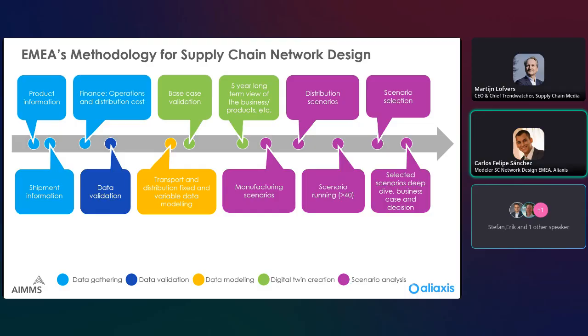Therefore, in this timeline, it looks linear, but actually the first boxes, I would say blue, yellow, and green, are the ones that take more effort and more time to be prepared. So we can skip a big part of the process, reuse the model and reuse all the information and go directly to the scenario modeling. Okay. So that's the big benefit that we find here.